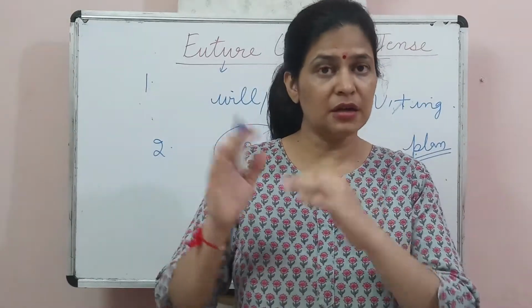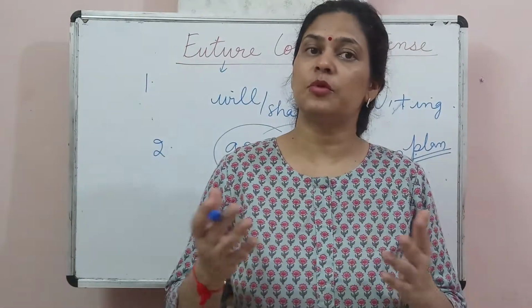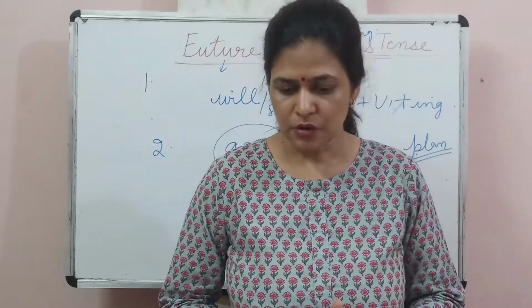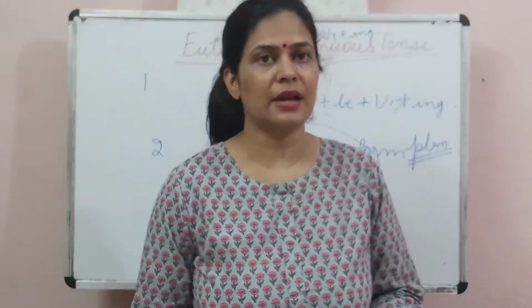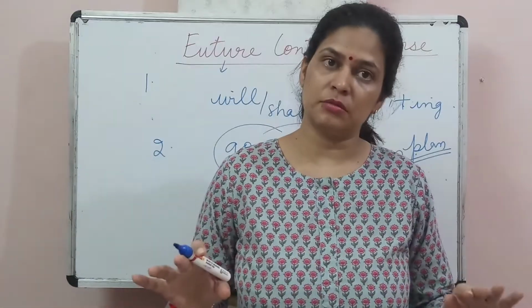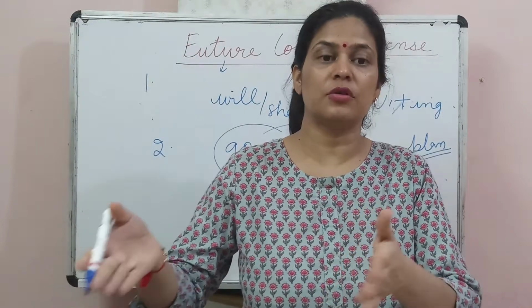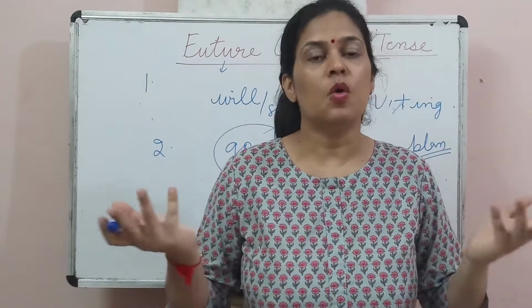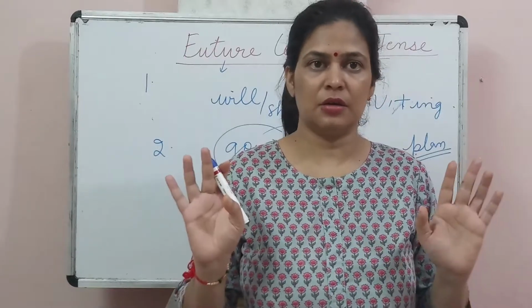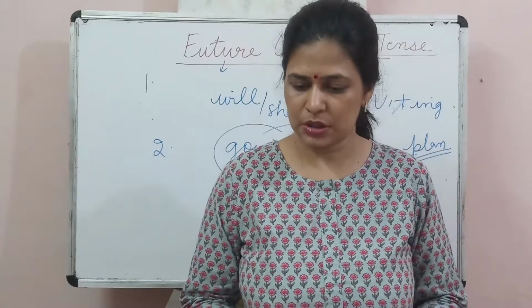Because there are dark clouds, there is a probability of rain. So it is going to rain. Look at the clouds. The boat is full of water. If the boat is full of water in the present time, what can we say? The boat is going to sink, obviously, logically.